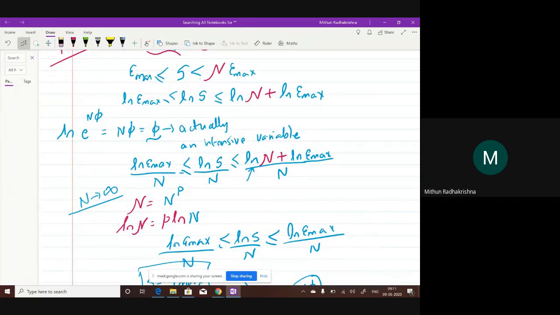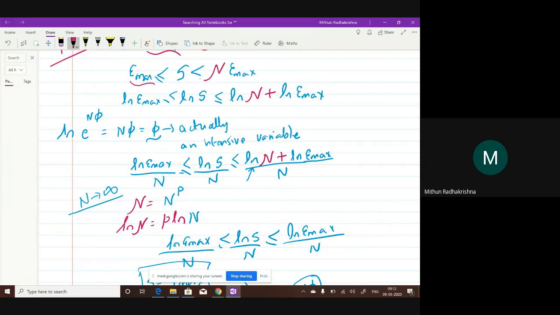I have S is equal to epsilon max. I know epsilon max is the minimum value that the sum can have, right? Because I'm sure that there is one term which has a value epsilon max. So the minimum value of this sum should be epsilon max. And what can be the maximum value of this sum?